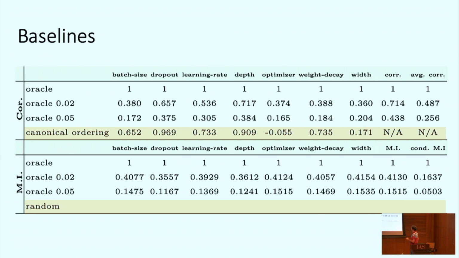It was not clear that, at least in our experiment, SGD was better than Adam or RMSprop. And wider networks did not necessarily generalize better. So these two are the cases where the canonical ordering cannot predict generalization. Also, if you had a random guess, these are the typical numbers you would get.